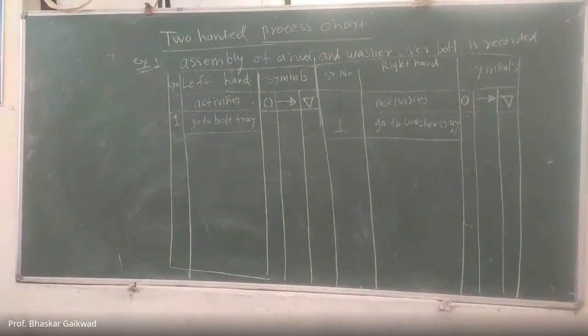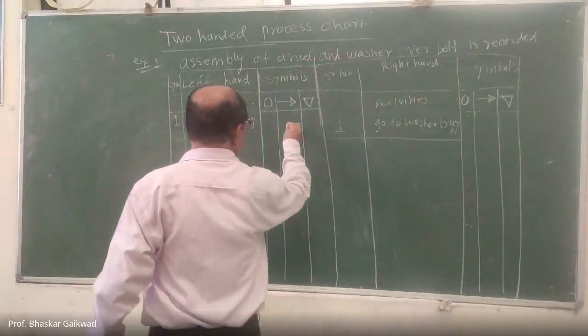So here first the left hand goes to the bolt tray. At the same time, our right hand will go to the washer tray. So here the transportation movement is there. For this transportation movement, you can put a dot here.